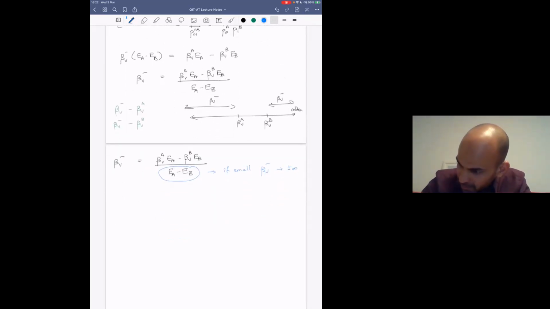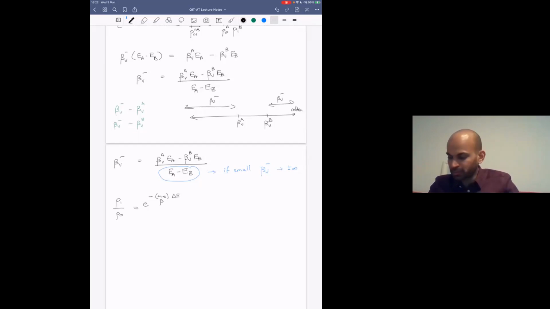If you have P1 upon P0 equal to E to the minus a positive temperature times a delta E, which is positive because you've ordered it as P1 upon P0, then this is going to be something that's less than 1. So positive temperatures means you decrease the population as you go higher in energy.